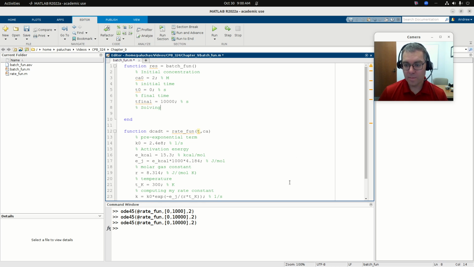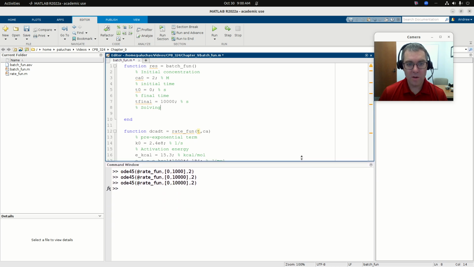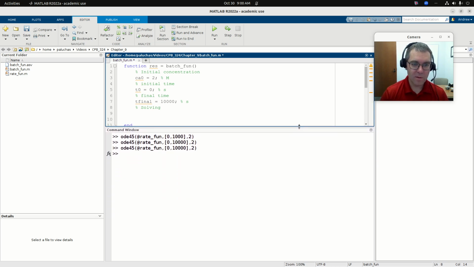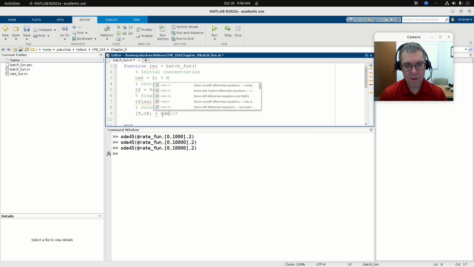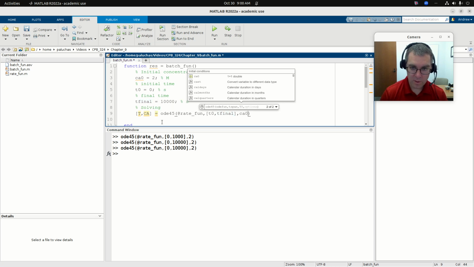Then solving. I guess it's okay if I cover up my rate function since you've seen it already. If I want to instead store the output to variables, I'll have a call like this. Come on, MATLAB, I don't want you auto-correcting things. So it's going to be ode45 at rate fun, integrated from t naught to t final, with initial condition Ca naught.